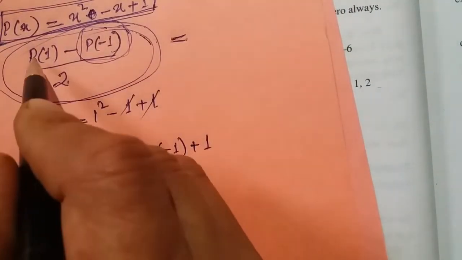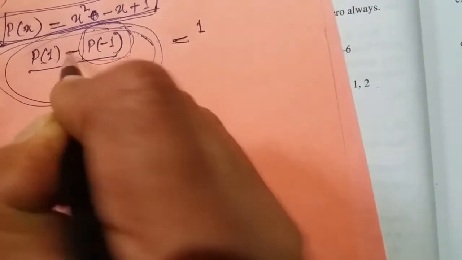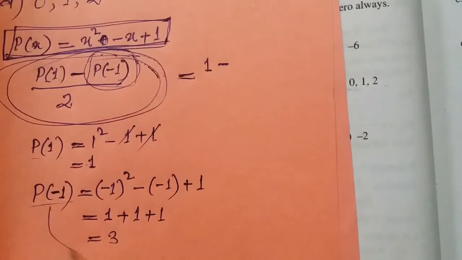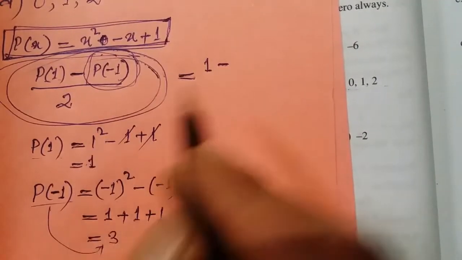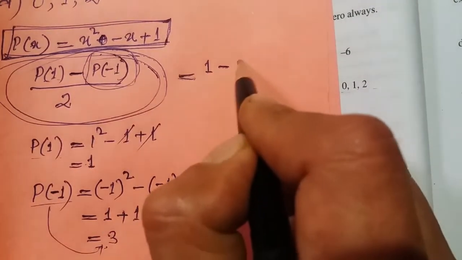So now finally we can find out this one. Now let's put this value here. P(1) is 1. So this is 1 here, minus, and then P(minus 1) is 3.